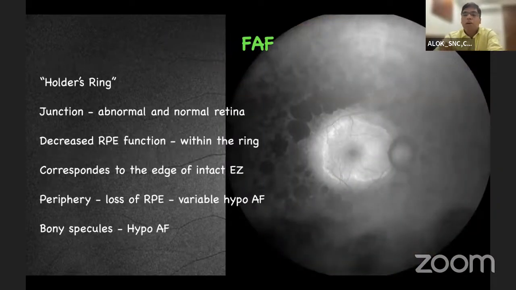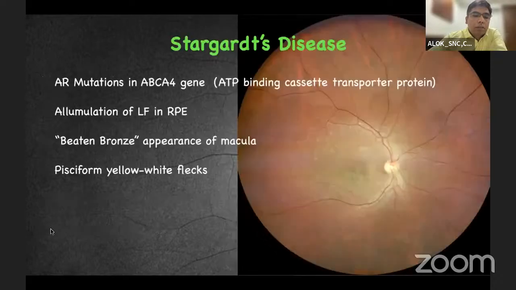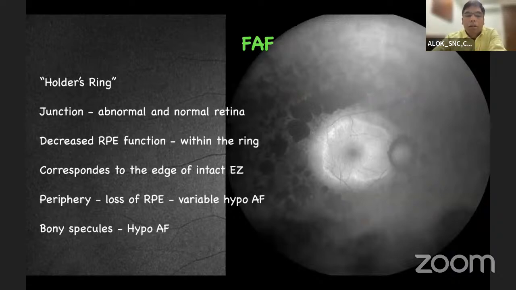Now, what you see on fundus autofluorescence is this Holder ring sign, which is basically a hyperautofluorescent ring seen at the junction of abnormal and normal retina.